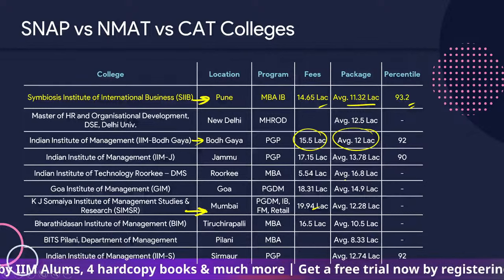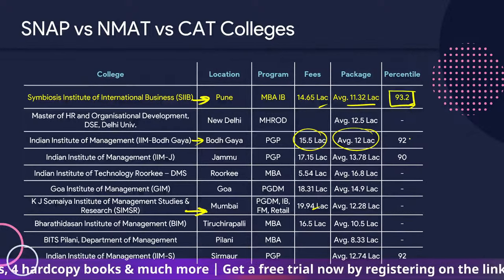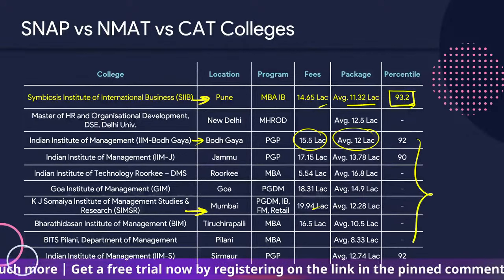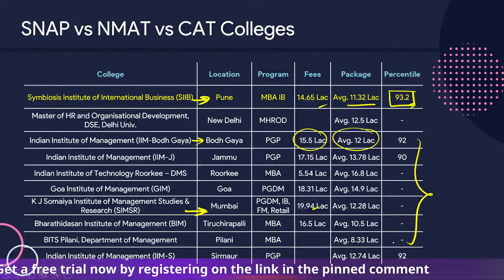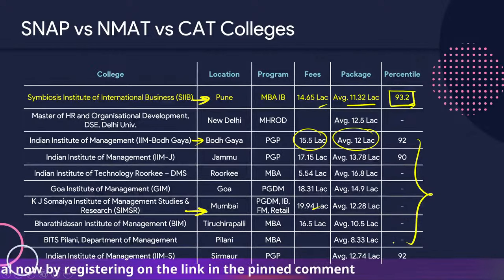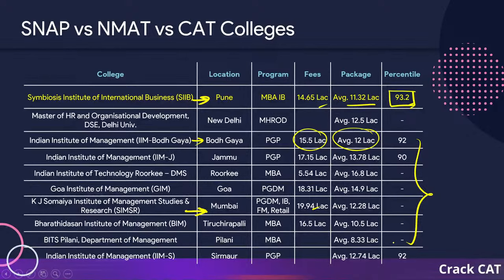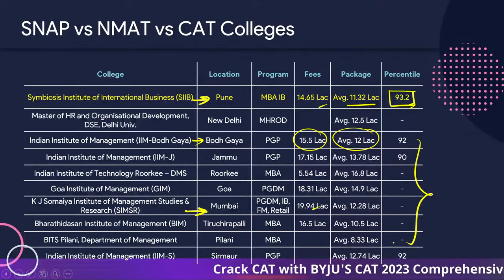So people decide accordingly whether they can achieve a 93, 94, 97 percentile in SNAP as compared to the 90s in CAT. There are a lot of students who are struggling in CAT right now while writing the mocks. If you are one among them, you can quickly shift your entire preparation and strategy over to SNAP, if you're not sure that you will get a good percentile in CAT. ऐसा नहीं है कि IIM का टैग नहीं लगा तो चलेगा.